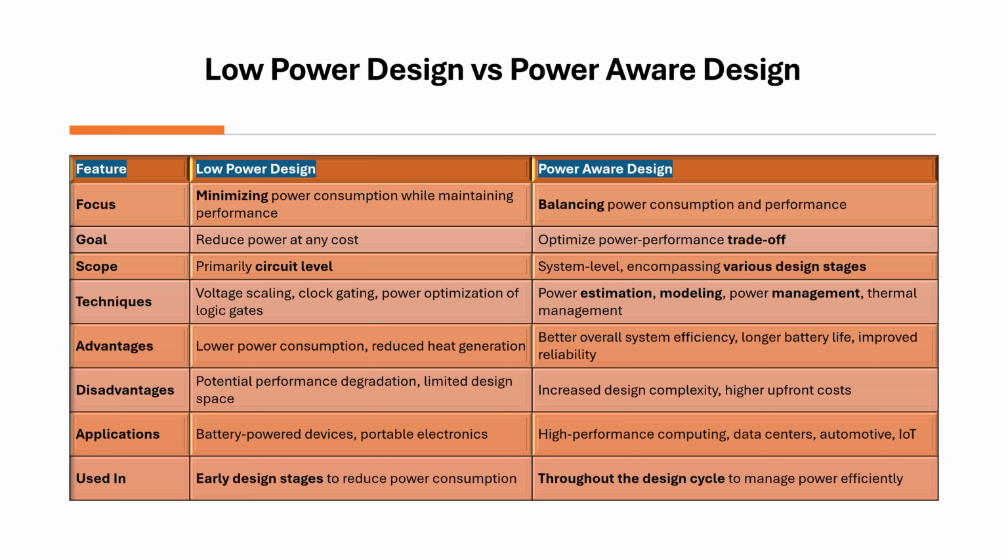Typically low power design happens in the early stages of design to reduce the power, whereas power aware design happens through the design cycle to manage the power efficiently. So it means UPF is very, very critical for power aware design. And let's get more details about UPF.